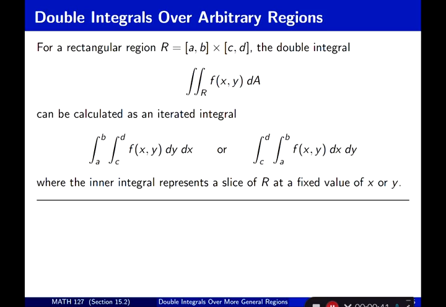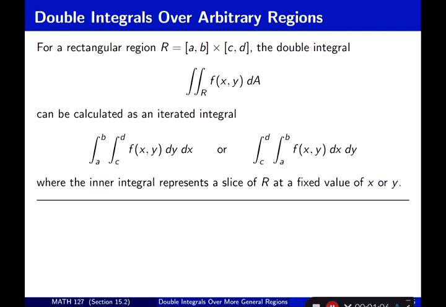So it can be written as the integral from a to b, integral from c to d of function f of x and y dy dx, or the other way around, integral from c to d, integral from a to b of f of x and y dx dy, where the inner integral represents a slice of R at a fixed value of x or y.